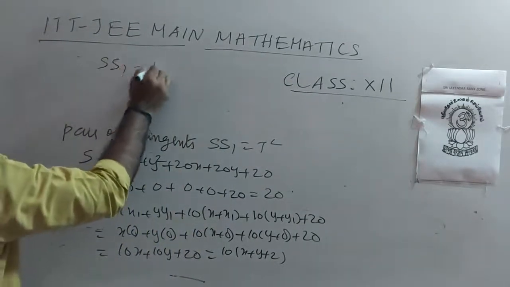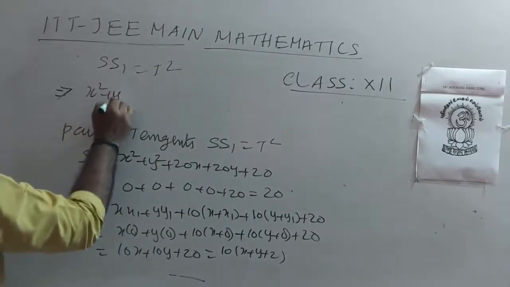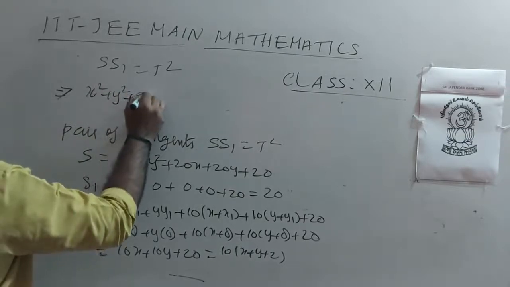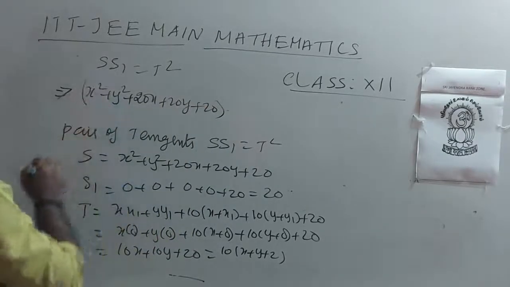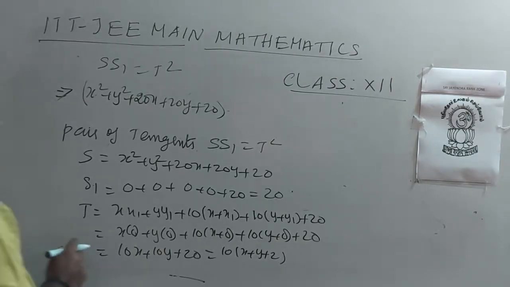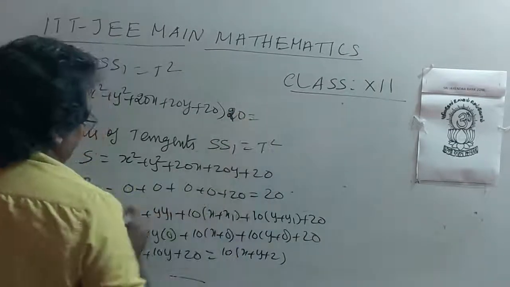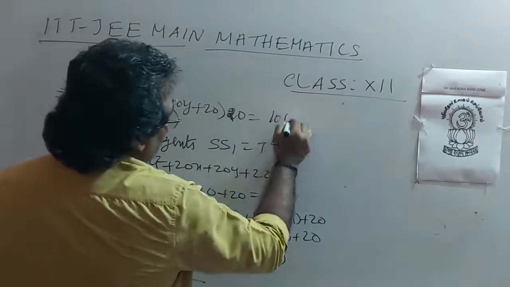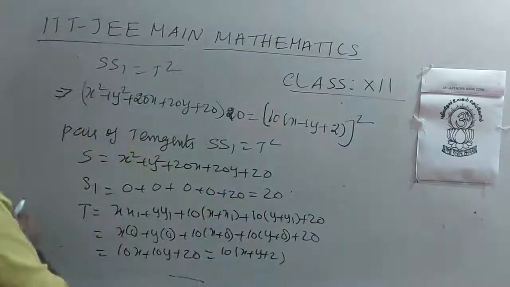So SS1 equals T squared, which implies x squared plus y squared plus 20x plus 20y plus 20 into S1, S1 equal to just 20, equals T squared, that is 10 into (x plus y plus 2) the whole square.